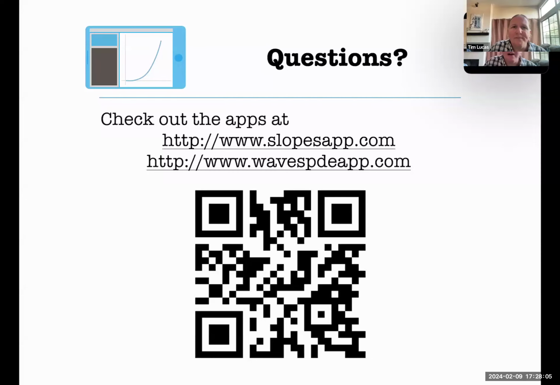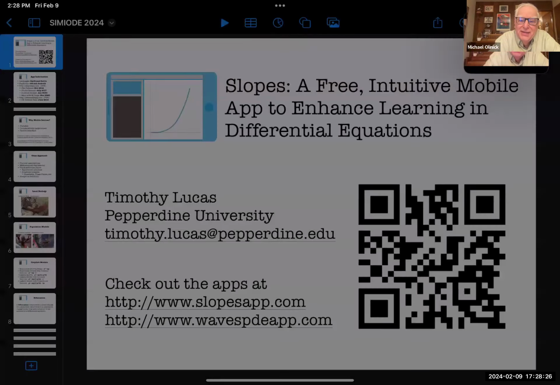Thank you. I believe Michael has a question. Oh, Michael, you've got to unmute yourself. In the slope field, all your tangent vectors have the same unit length.